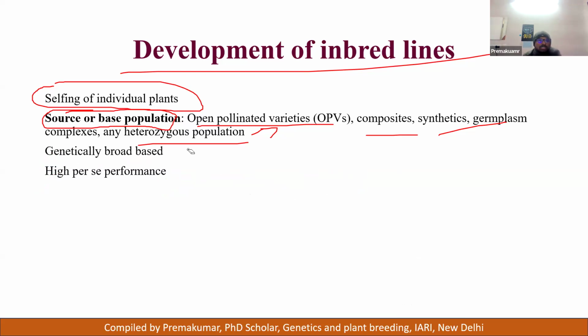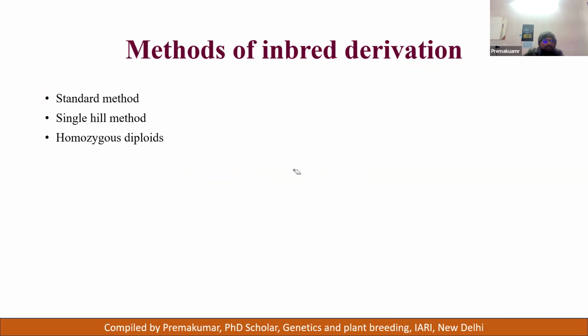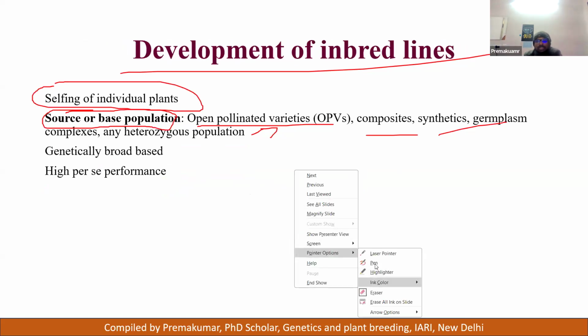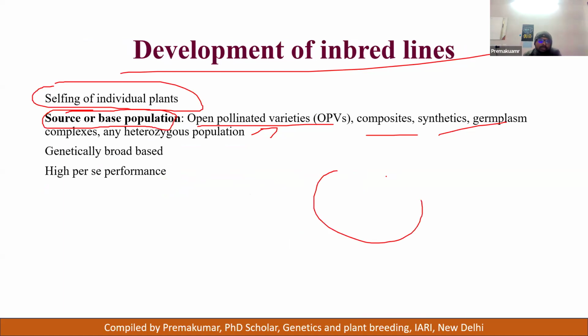Then broad genetic base: they should have maximum variability in the source population. If you don't have variability in the source population, then how do you select the better individual?